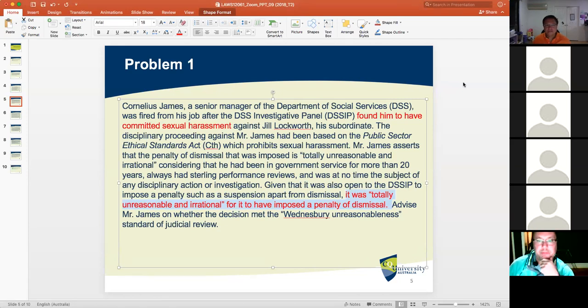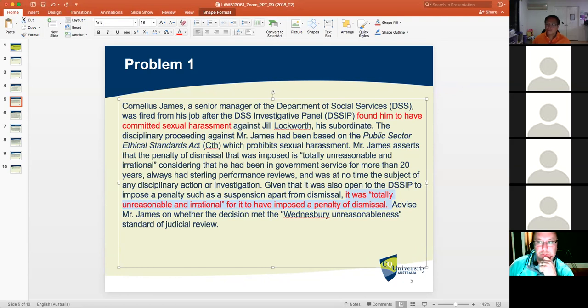Michael? Well, I would have said that it doesn't meet the standard of unreasonableness because the investigative panel had a number of decisions that it could arrive at, having regard to the offence that had been committed.